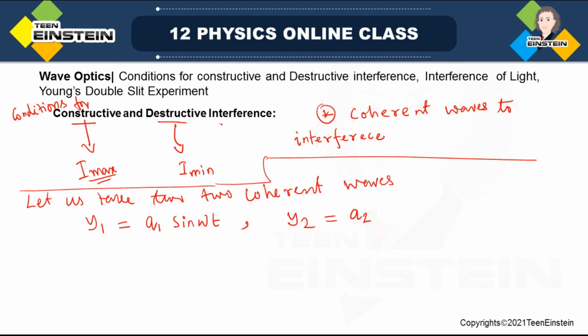In fact, I'm saying light waves because interference in your course is given for light, but this expression we are deriving now is common for any kind of wave, like sound waves. For any type of wave, interference happens, and this expression is going to be general for any kind of waves which are coherent in nature. They can exhibit interference.